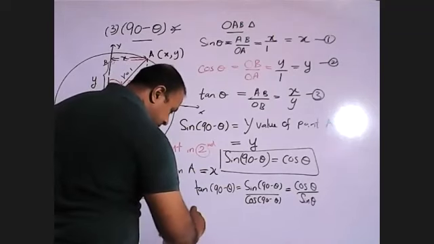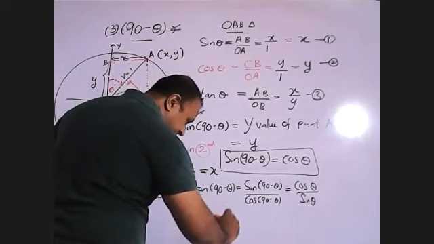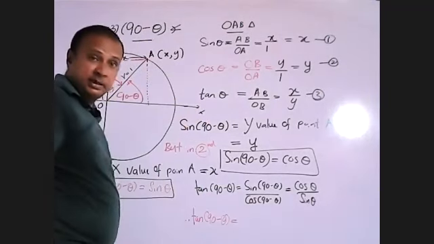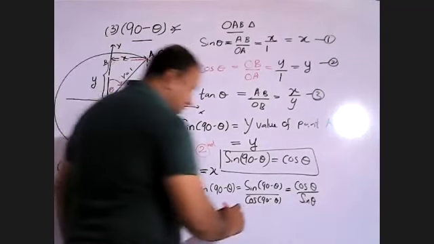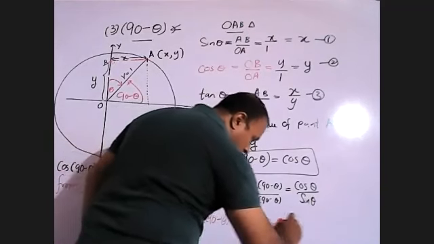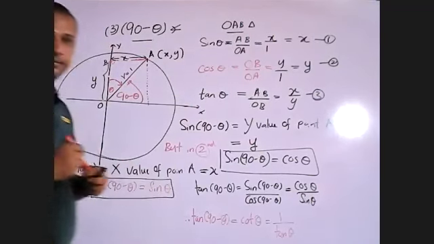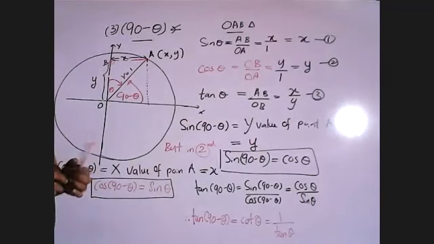Therefore, tan 90 minus theta is equal to cot theta or 1 over tan theta.